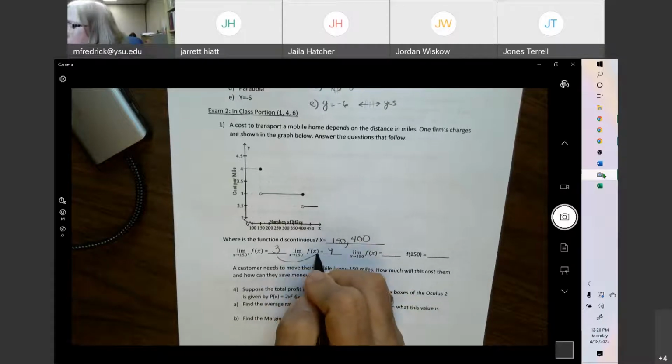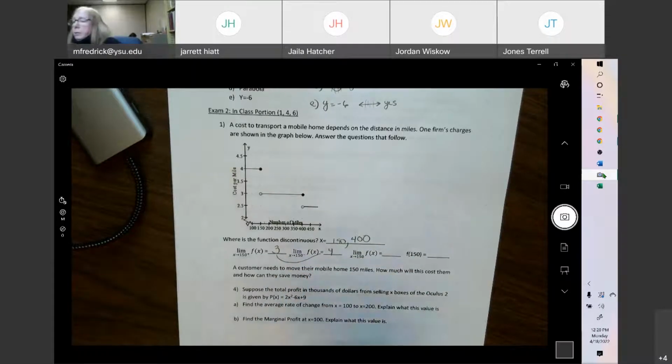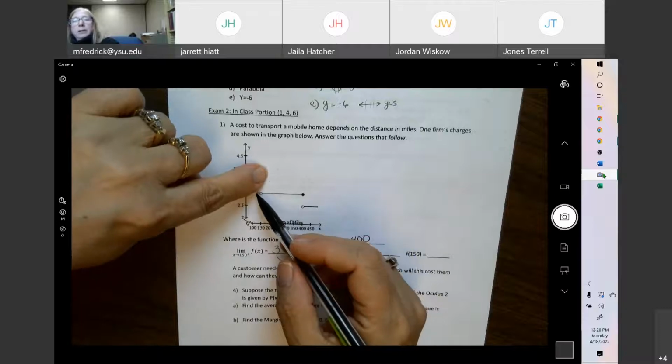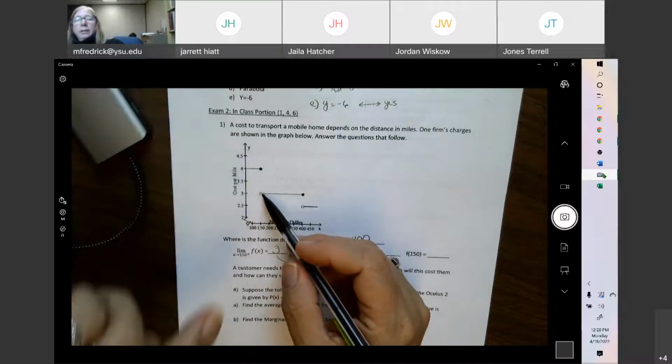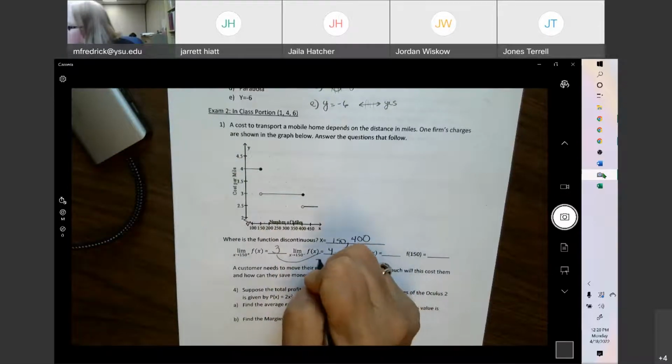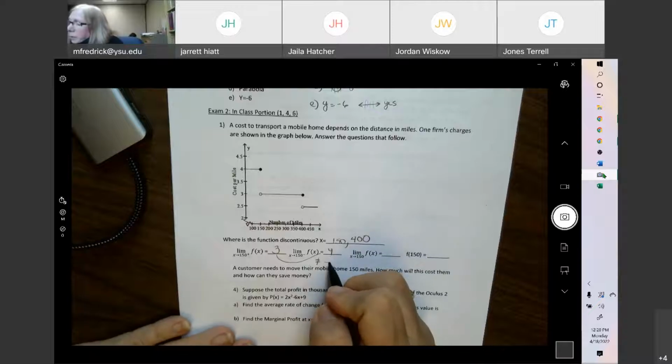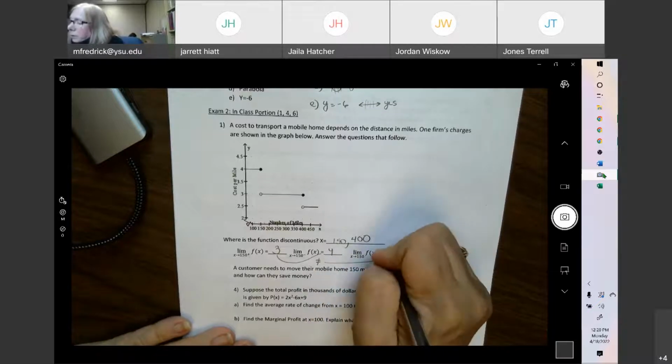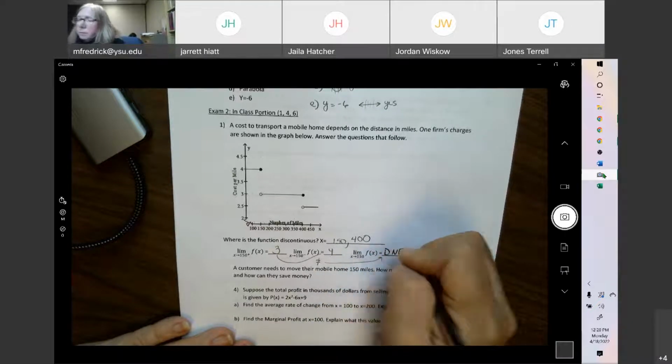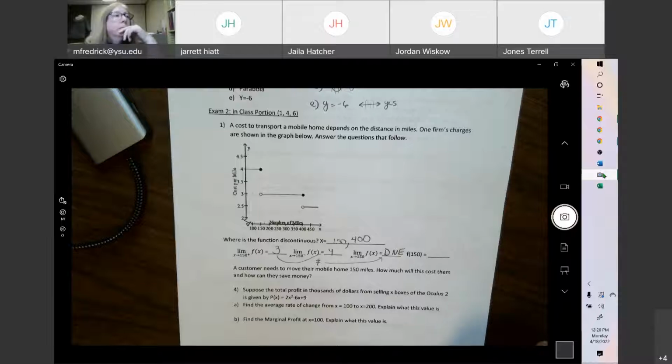Both of these need to be coming in from the same side, but notice how they're coming in at different sides. When they're not coming in together, if these two are not equal, this one does not exist. Any questions on that part?